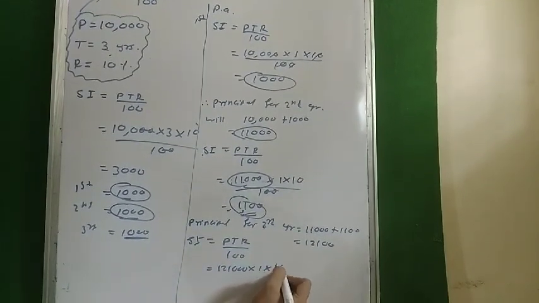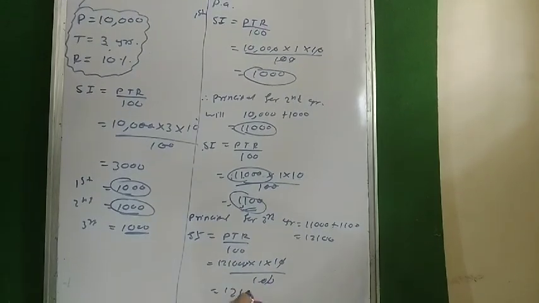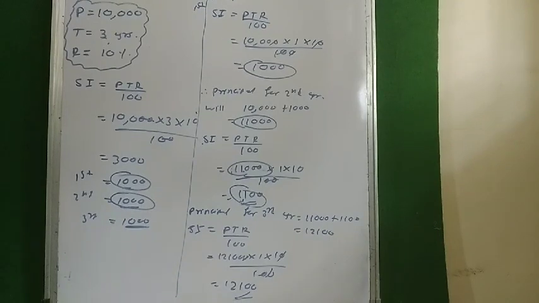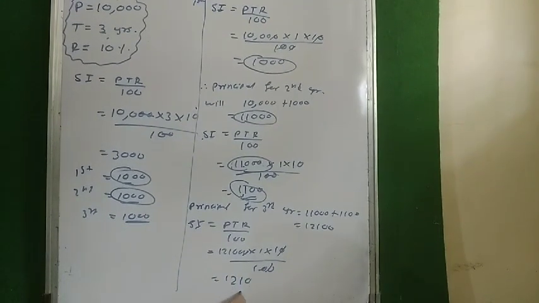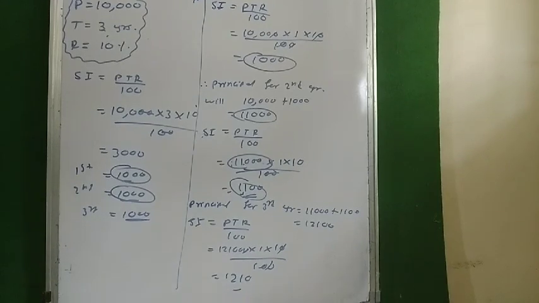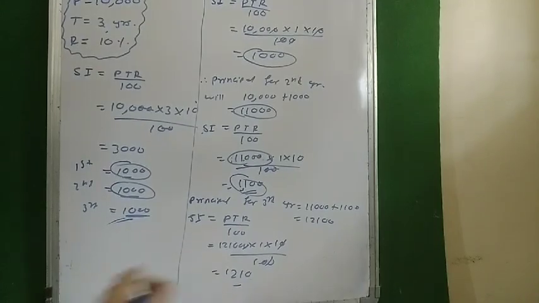Time is 1 year and rate is 10. 0 cancel. So it is 1210. So you can see that the difference for the third year has also again increased.